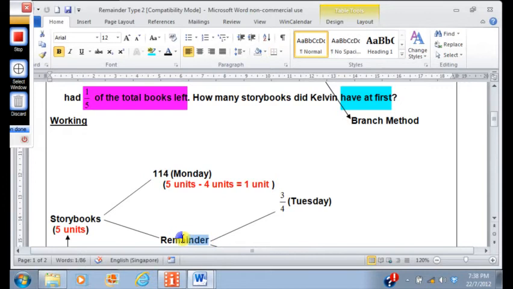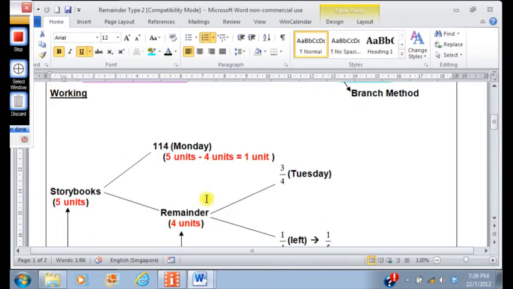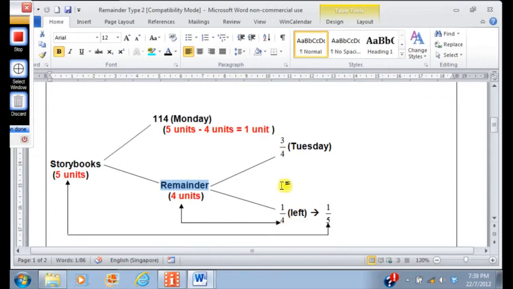So what happens if we are not given a fraction at the beginning? We just write the word remainder here. Now we know that 3/4 of the remainder was sold on Tuesday according to your question. So if this is 3/4, this definitely has got to be 1/4, because these two can add up to 1 whole.